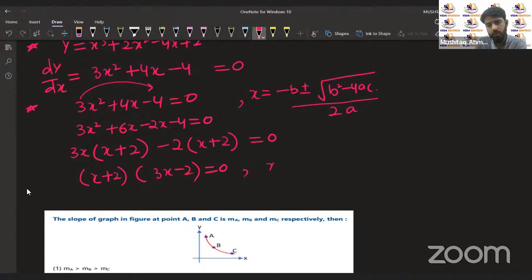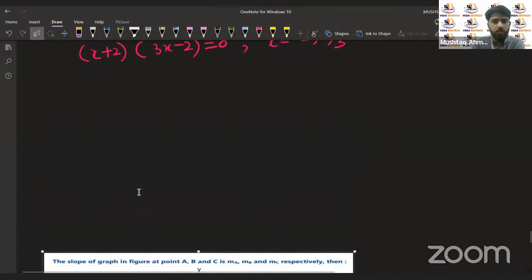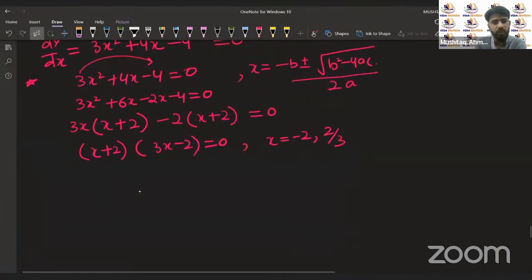From here, x will be either minus 2 or x will be 2 upon 3. We got 2 points for which we can discuss maxima or minima. So we have 2 points here, minus 2 and 2 by 3.